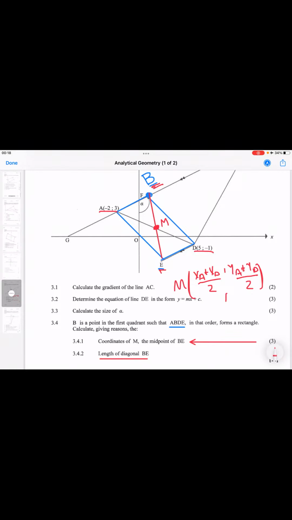Remember, as you calculate, you need to give the reasons. So now, obviously, the examiner said the length, but at this point in time, we know that when it comes to the length, at all times we use the distance formula that you need to always know by heart, and make sure that you don't forget that squared.